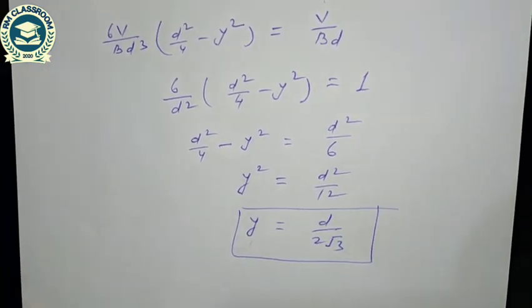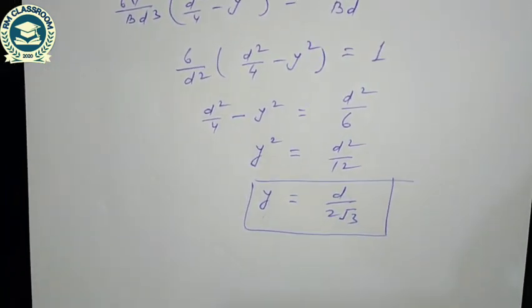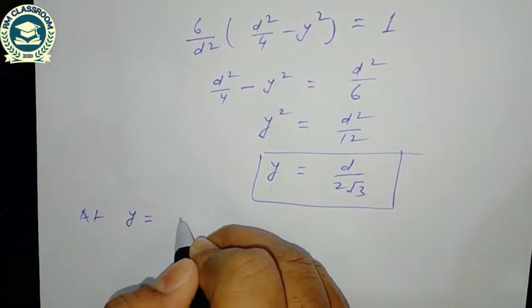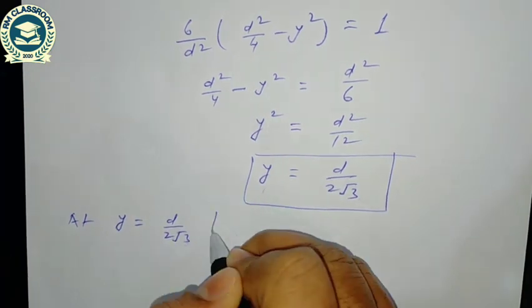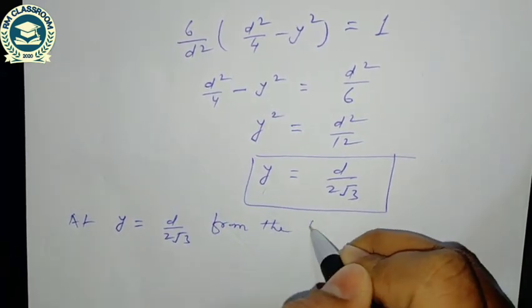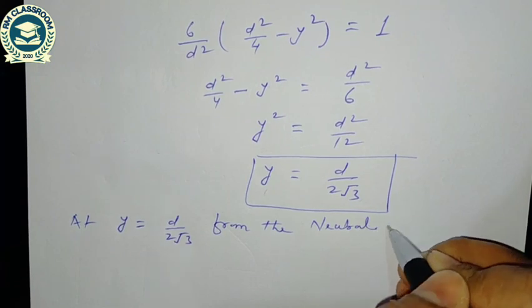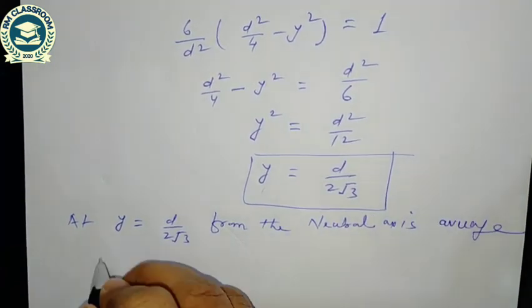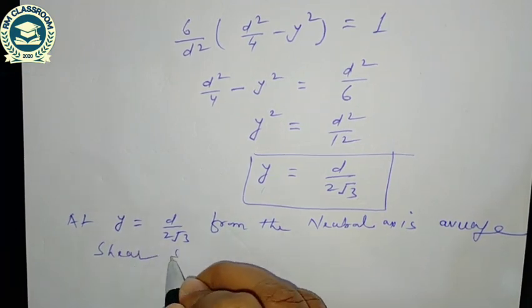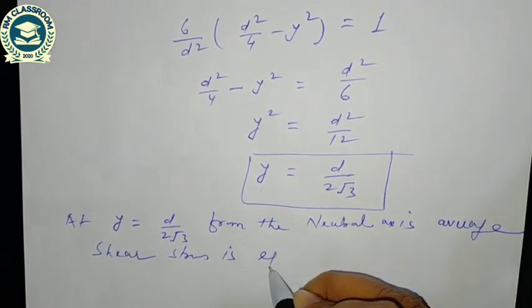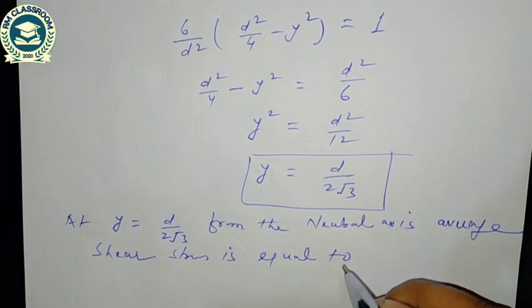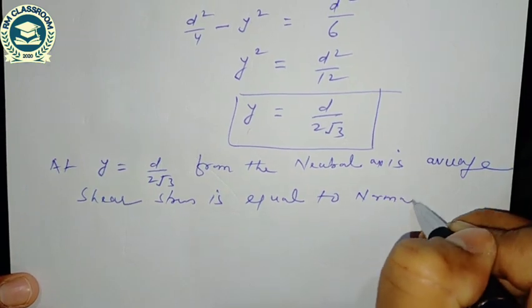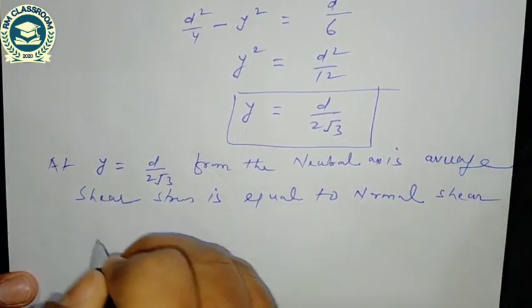So this is the distance from the neutral axis where the average shear stress is equal to the normal shear stress.